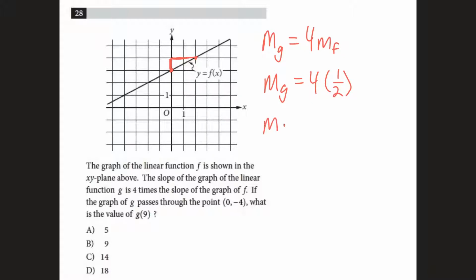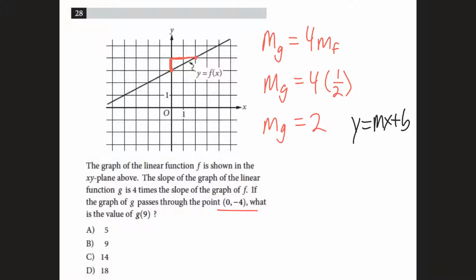Therefore, the slope of g must be 2. We also know that g goes through the point 0, negative 4. You guys should be very fluent with y equals mx plus b, right? Keeps coming up.